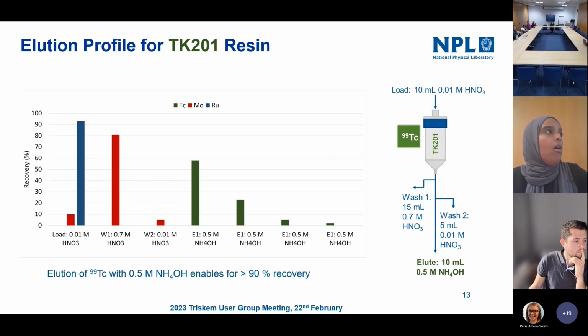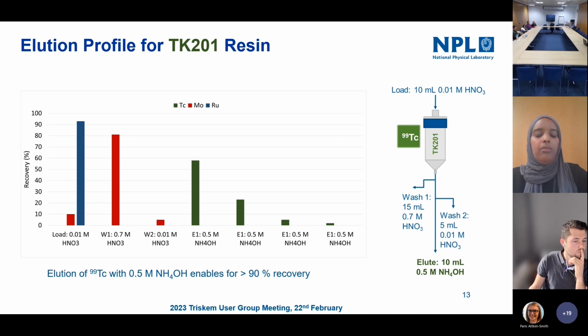And in this case here, this is the final scheme in place. And if you look at the elution profile, you have very nice recoveries with up to about 10 mL of eluting agent being used. So that's just a quick overview of the work done prior for TK201.